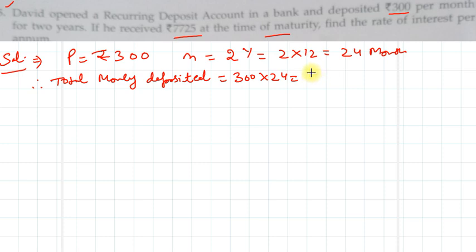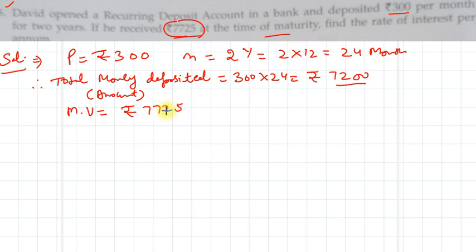So this would become rupees 7200, right? So he deposited 7200, but he received, total money deposited, or this may be called the amount, but he received this at the time of maturity. So maturity value rupees 7725. From this and this we will calculate our interest.